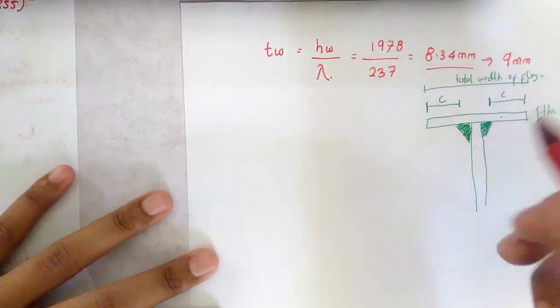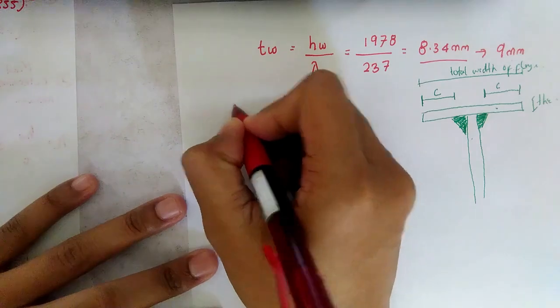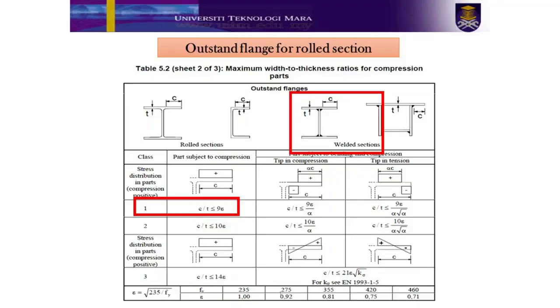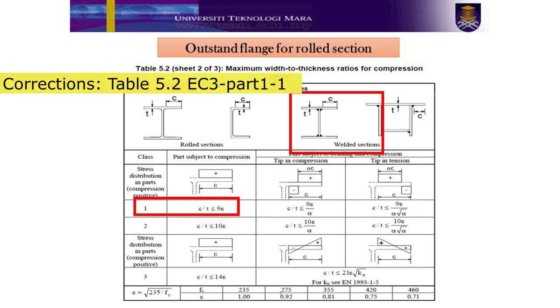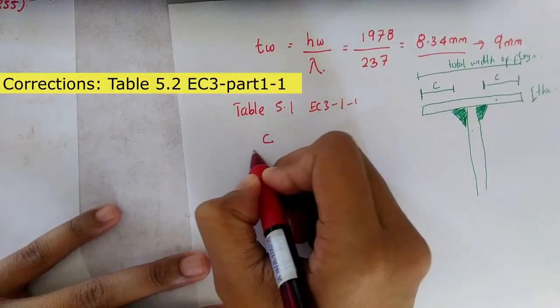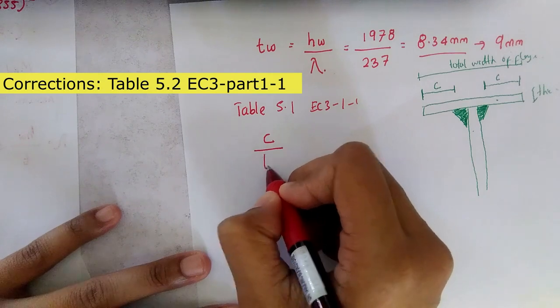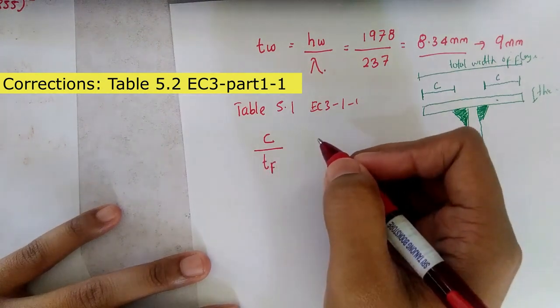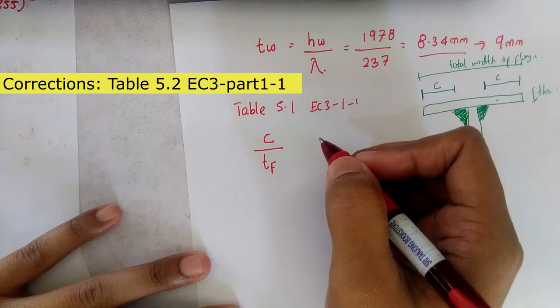So based on Table 5.1 in EC3 part 1.1, you can see the section classifications, which are based on the thickness of your flange.